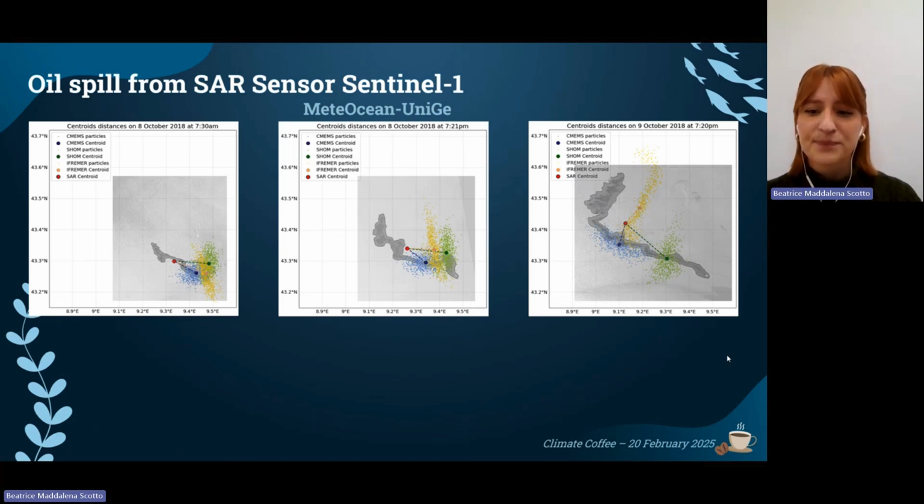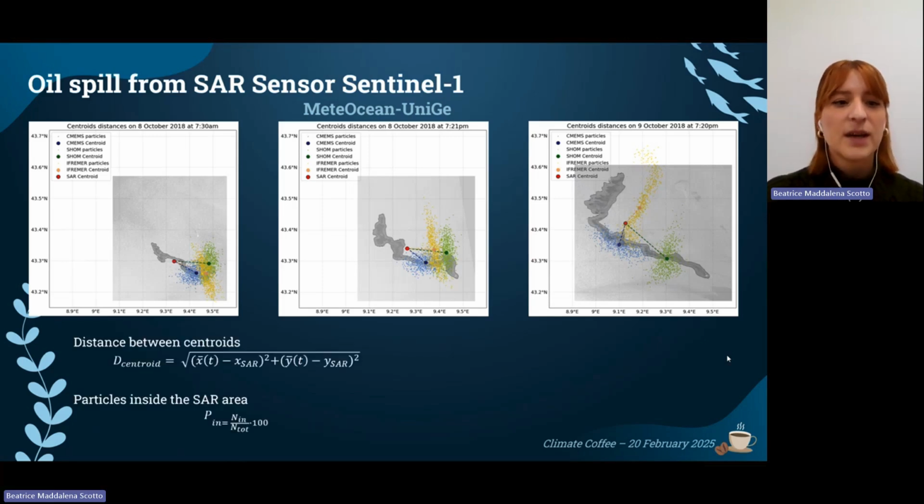What we did is evaluate the centroids for the real case and our simulation. And with that, we could evaluate the distances between the centroids. And also we evaluated how many particles were detected inside the real area for each model.